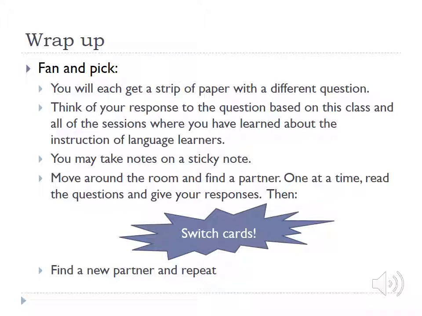The second partner will then read the question and give an answer that he has been assigned. After you have finished discussing, you switch cards. Now you go find a new partner and share again, but this time you have a new question, the question that your previous partner answered. You can say what your previous partner said and add on to it, or you can create your own answer.